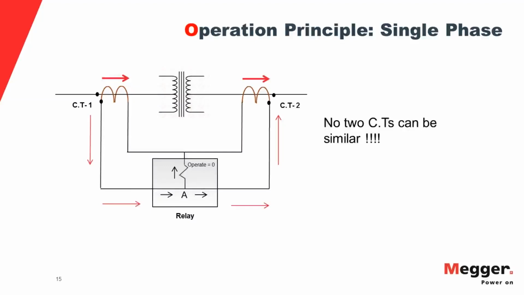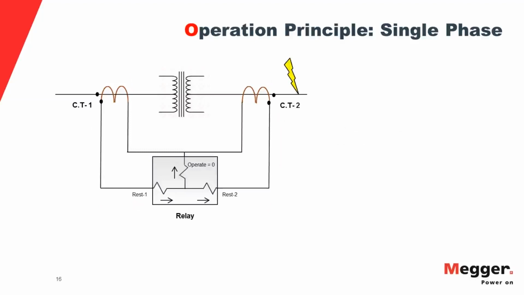The idea of differential is, if I have an external fault here, and if I have my source on the CT1 side, the primary currents flowing through both the CTs will be in this direction, assuming I do not have a source on the CT2 side. And the secondary current would be in this direction.